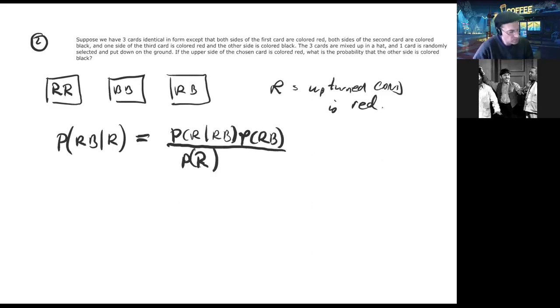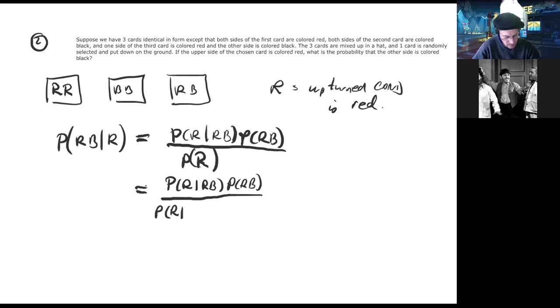Okay, so now we have to compute the 3 sides of the formula. I claim that the denominator, in order to compute the probability of the bottom, that's the law of total probability, we're going to have 3 terms. So first, let me rewrite the numerator of the fraction. It's going to be probability of R given RR.